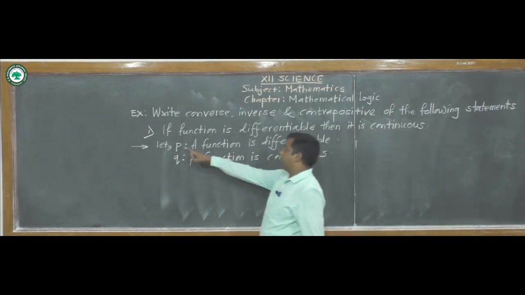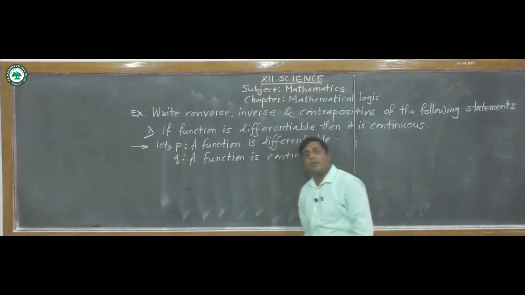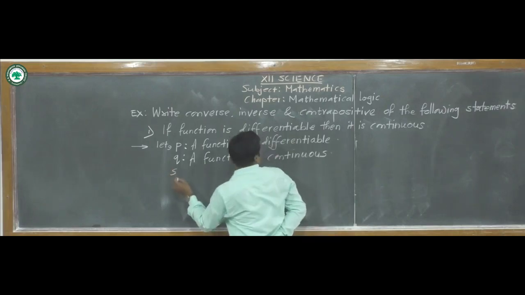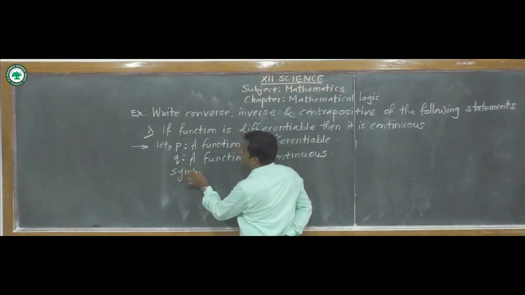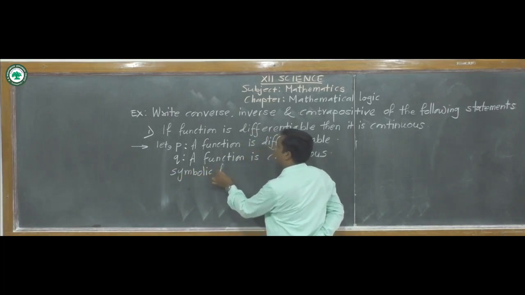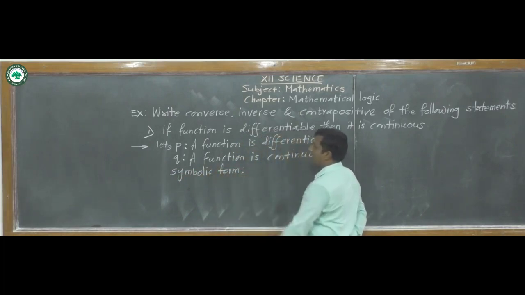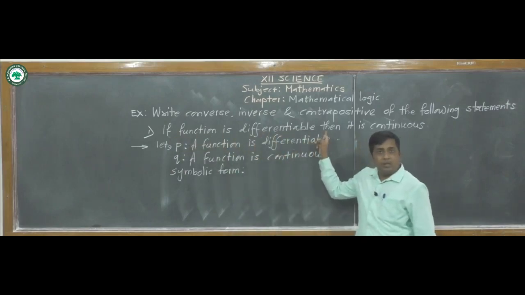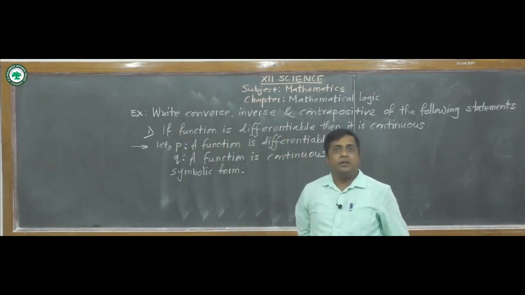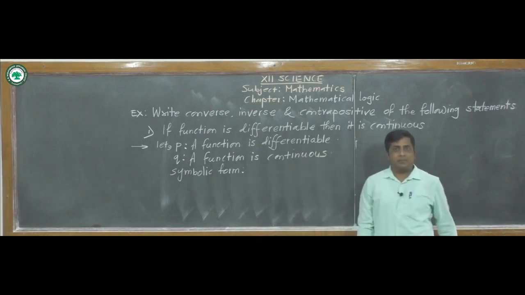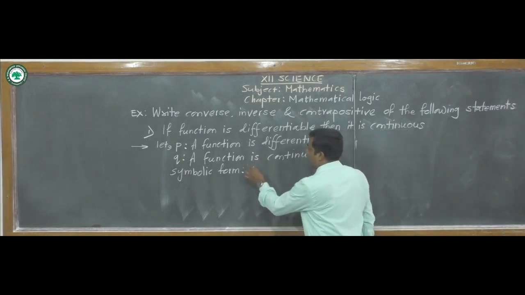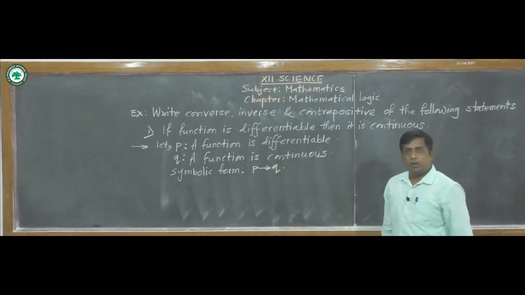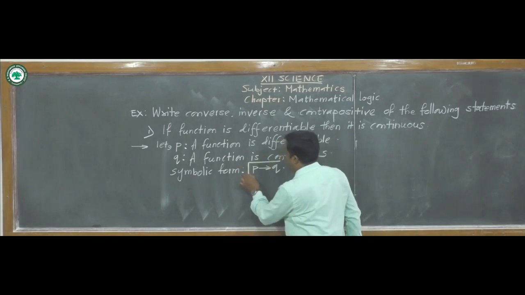Now we know P, we know Q. Let's define the symbolic form of the given example. We know the connective if-then is given. If we have if-then, we consider the implication. So this is in the form P implies Q.